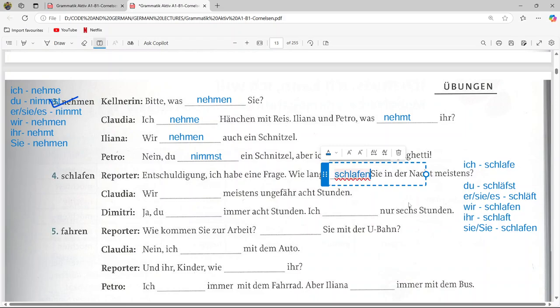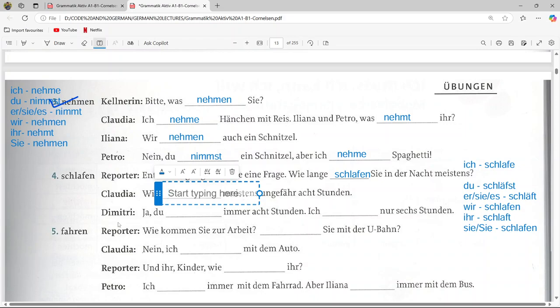Sie in der Nacht meistens? So meistens means mostly. So in the night mostly. How long do you sleep in the night mostly? Okay, so referring to Claudia and Dimitri. So this Sie, okay, schlafen. Got it. Then Claudia is saying that the form is wir.